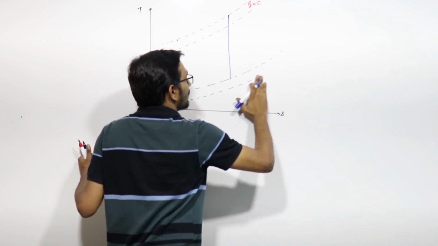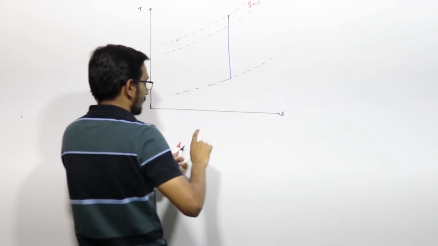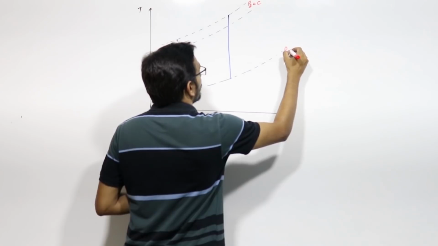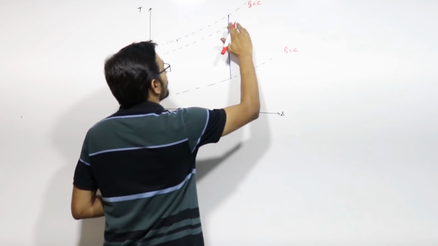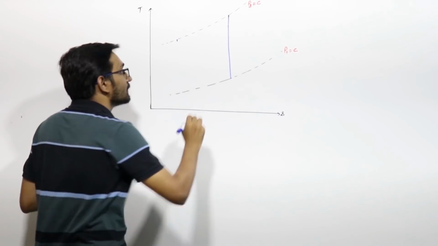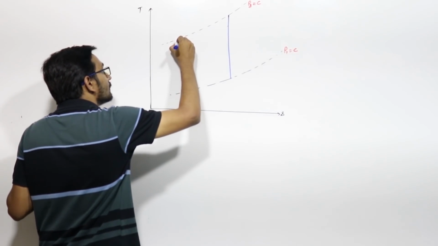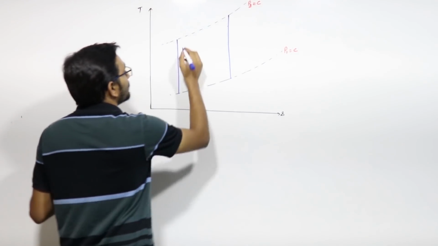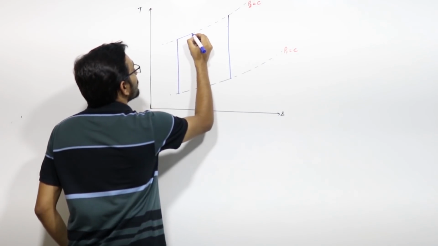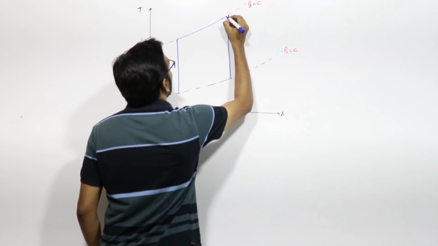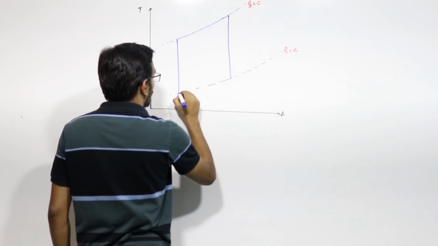Let us say this is P1, so that you will not confuse. This line is P1 is equal to constant. This is the ideal reversed Brayton cycle. All the four processes are reversible and there is no loss.